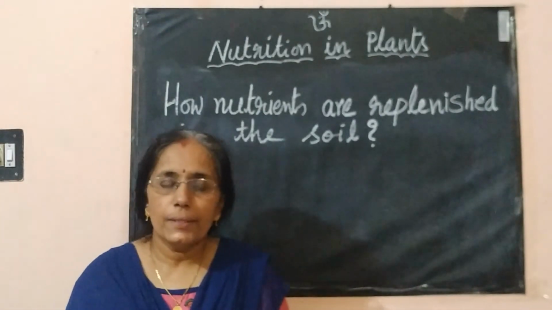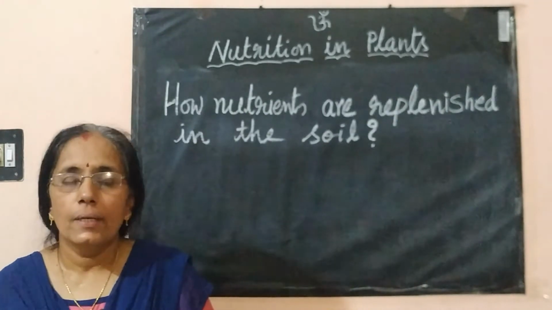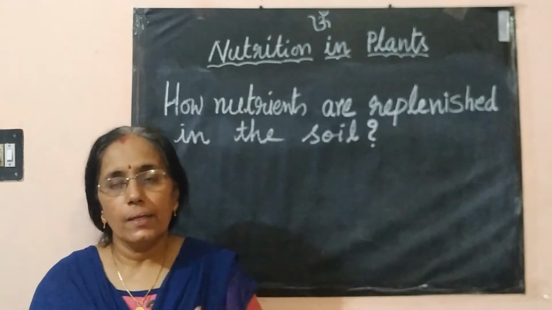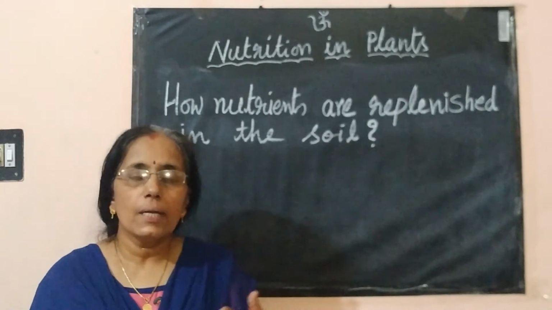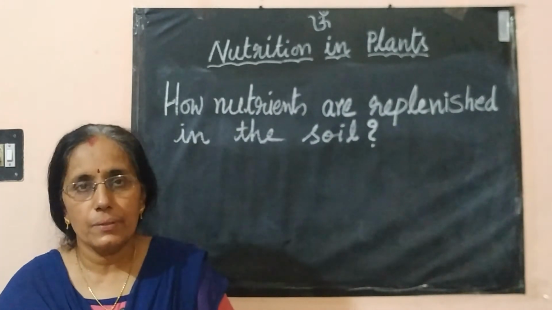You have also learned that plants make carbohydrate during photosynthesis. It contains carbon, hydrogen and oxygen. These elements are used for making various plant nutrients.